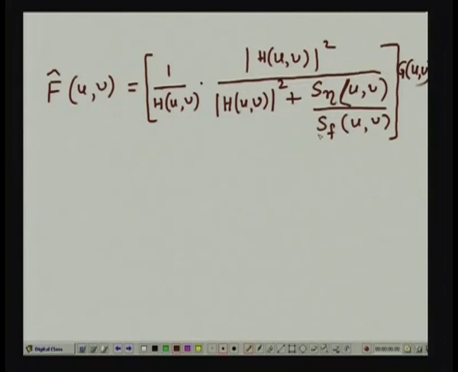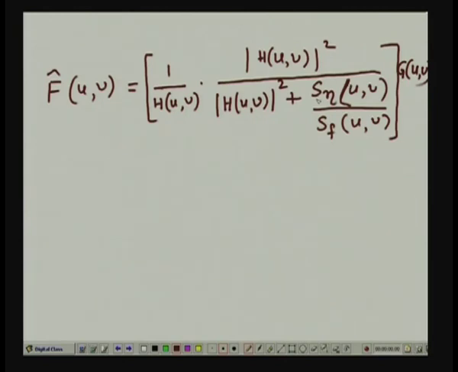Here you find that this Wiener filter considers the ratio of the power spectrum of the noise and the power spectrum of the original undegraded image.